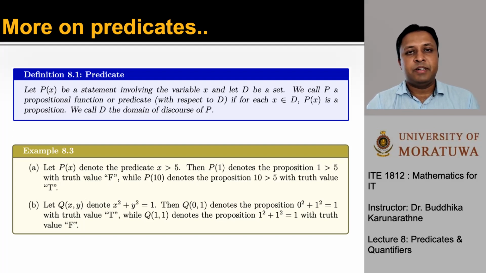Then we can have different values for x and y, in which case Q(0,1) denotes the proposition 0 squared plus 1 squared is equal to 1. We understand that the statement becomes true and the truth value becomes T. While Q(1,1) denotes the proposition 1 squared plus 1 squared is equal to 1. In this case, we know that the statement becomes false with truth value F.